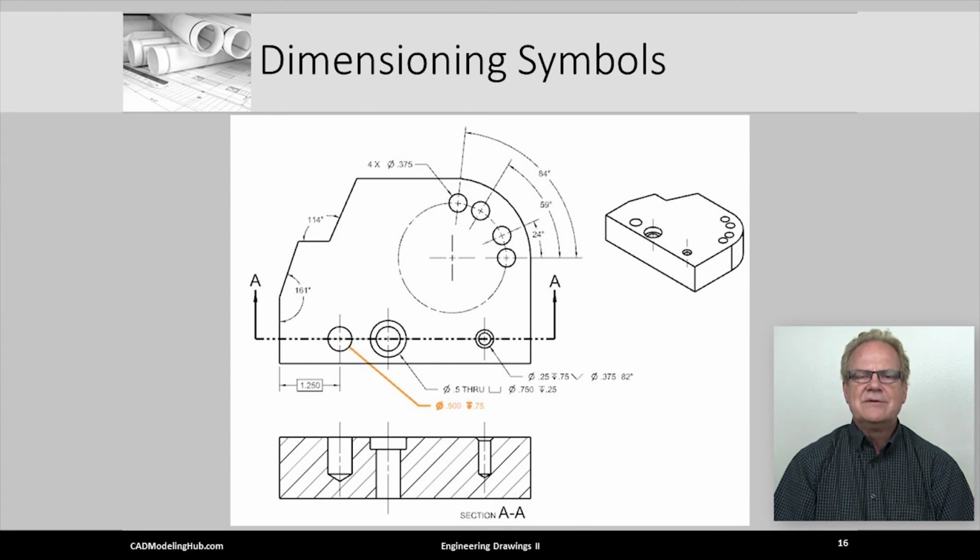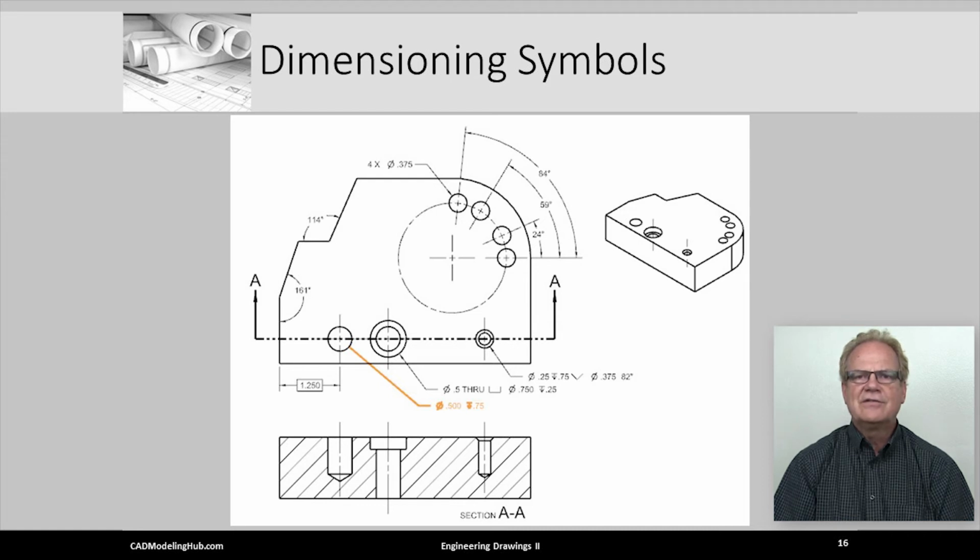This highlighted dimension uses the diameter symbol followed by a value to indicate the size of the hole. Next, it uses the depth symbol, a downward pointing arrow, to indicate how deep to drill the hole.